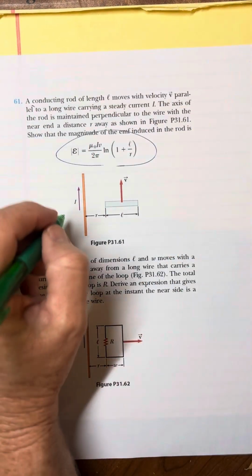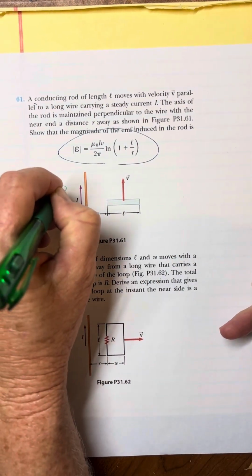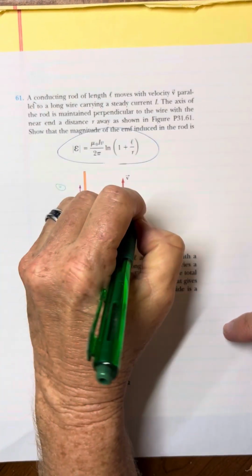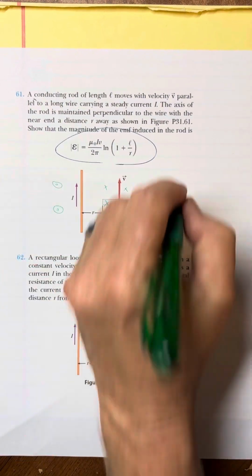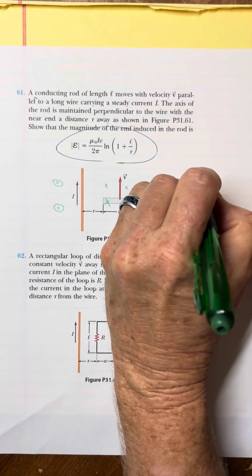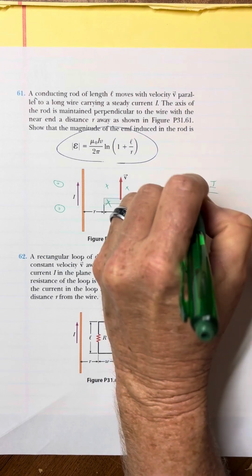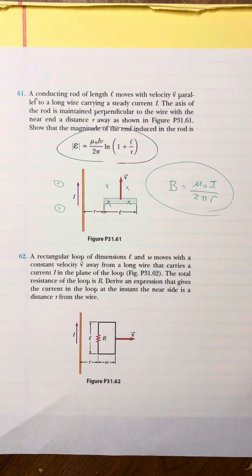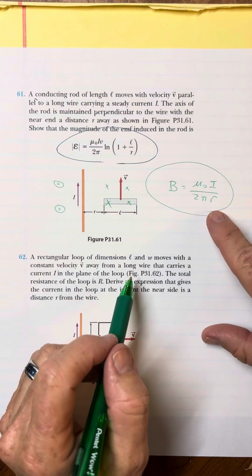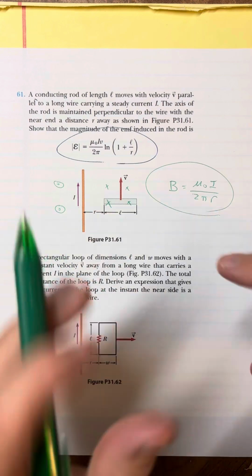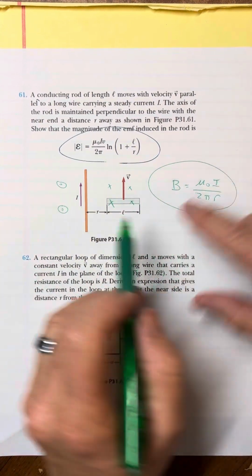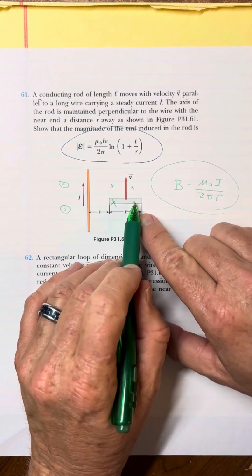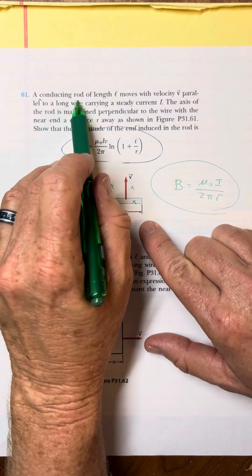And so the magnetic field would be coming out of the paper in this way and going in here. And since this magnetic field is coming from a long wire, and it has to do with the distance away that you are from the long wire, you can see here that I'm going to have a field that's a little stronger on this part of the bar compared to this part, or rod, I guess is what they call it.